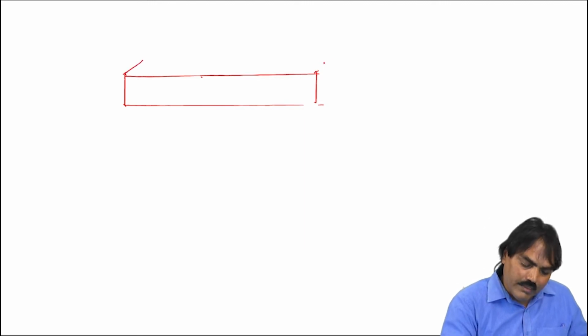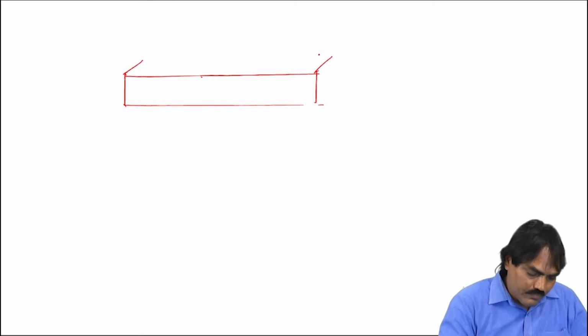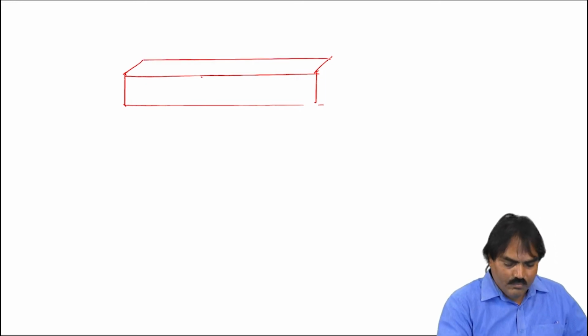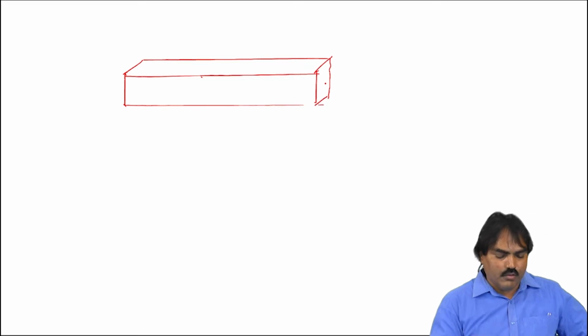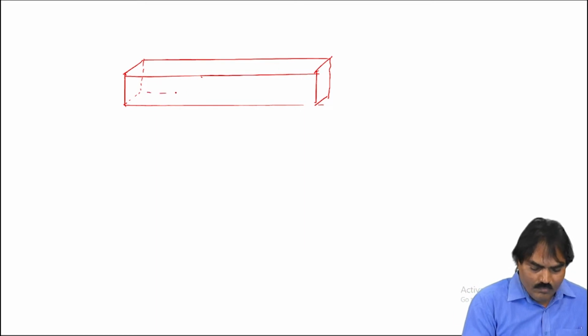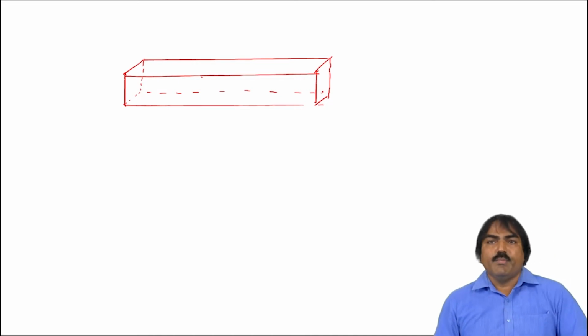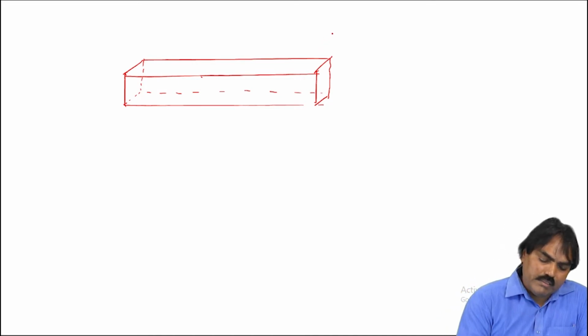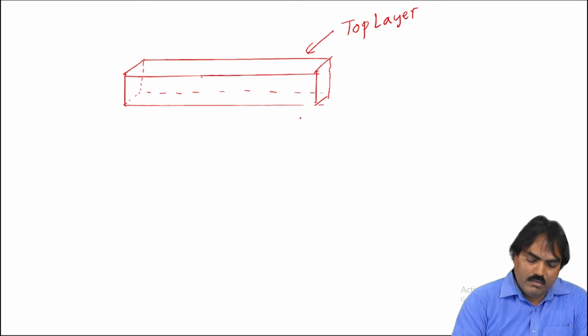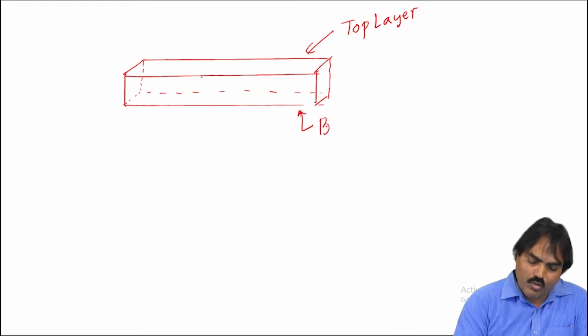The beam will have a cross section. This is the cross section. Now this is the beam. So this is the top layer. Then the bottom one is the bottom layer.